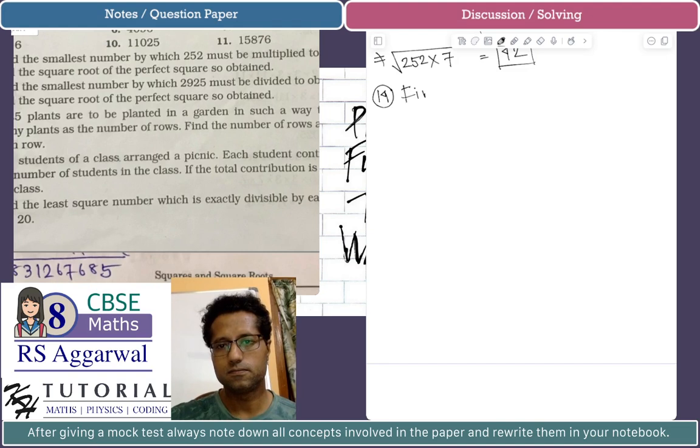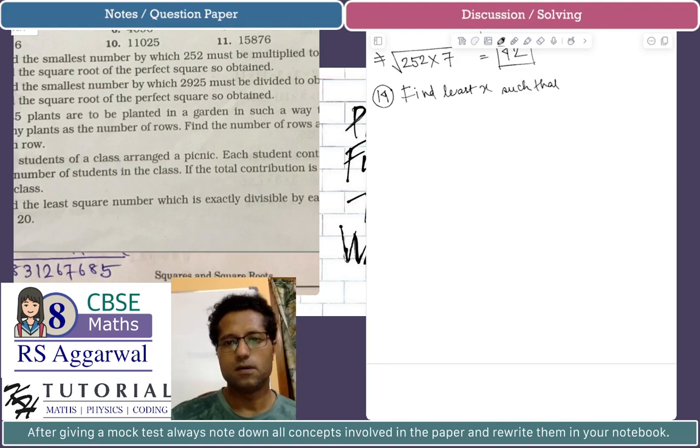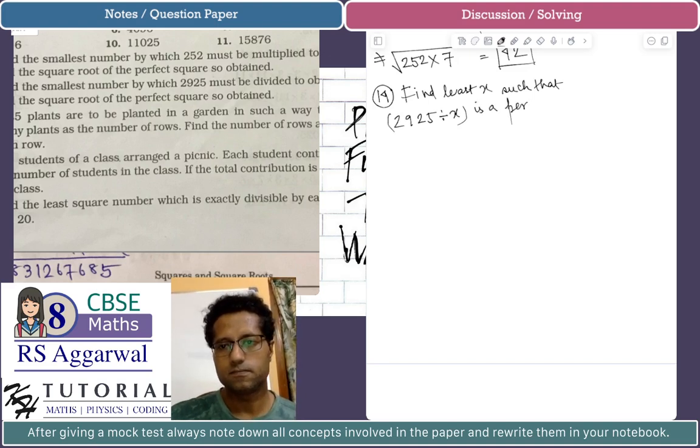Find the least x such that 2925 divided by x is a perfect square. We have to find x. Now let's do the prime factorization of 2925.